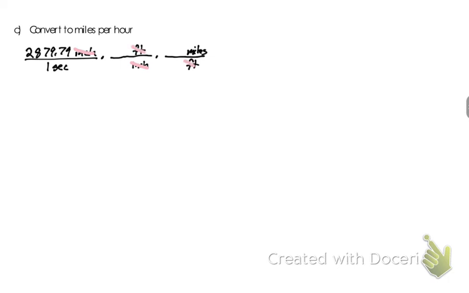So pretend we did all that work, theoretically we'd have miles. But I have seconds, right? So we need to get from seconds to hours. You can either go directly from seconds to hours, or a lot of people do seconds to minutes to hours. I don't care how you do it, but you need to realize seconds should go on the bottom in the first fraction and on the top in the next if I want seconds to cancel out.